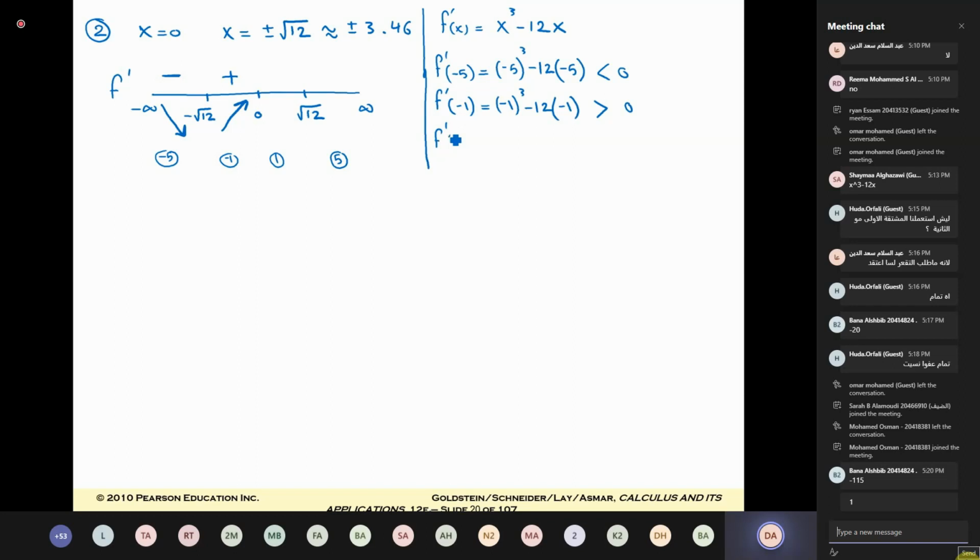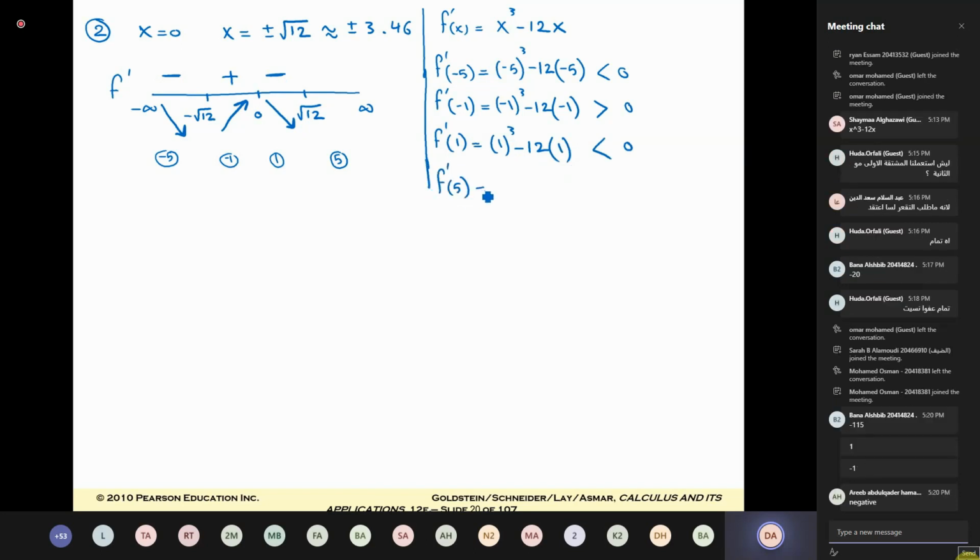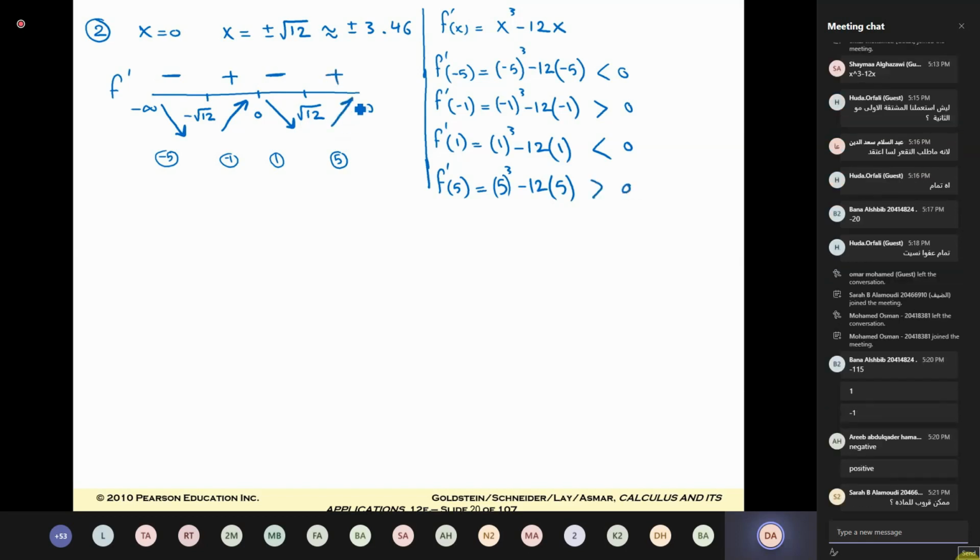f prime of 1: 1 to the power 3 minus 12 multiply 1. So 1 minus 12, negative. So this is negative, down. Last value f prime of 5. We have 5 to the power 3 minus 12 multiply 5. So 125 minus 60. This is positive, up.